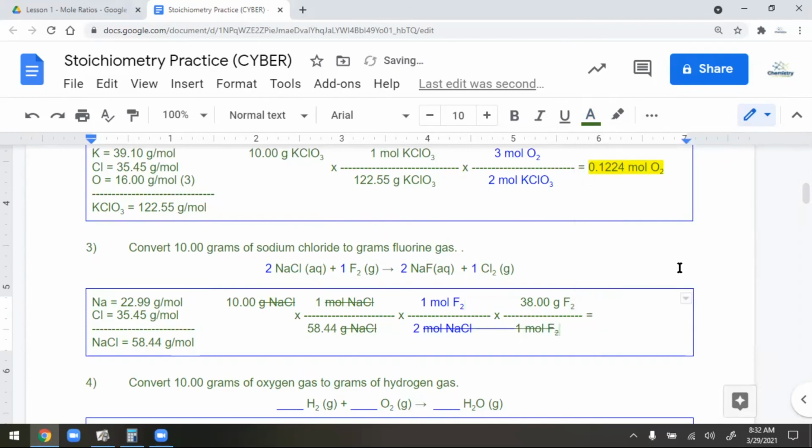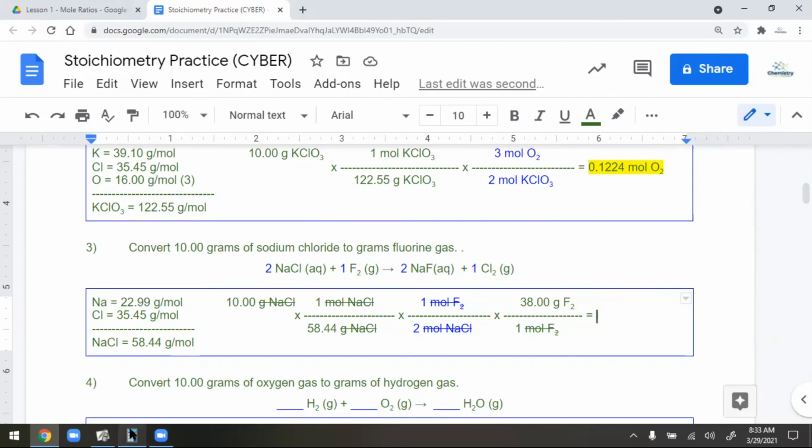That again is just using the numbers from the balanced equation. We need to cross that out. So now we can cross out this unit, moles of F2 with moles of F2 here. And we're left with a unit of grams of F2.